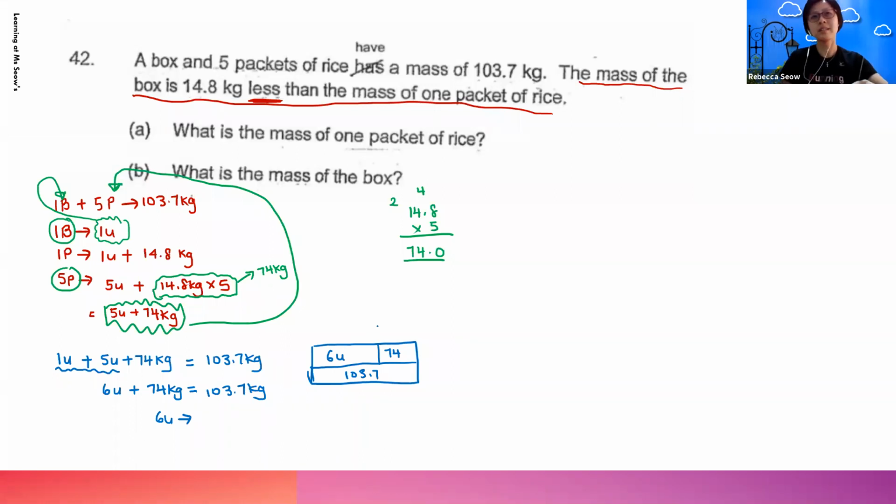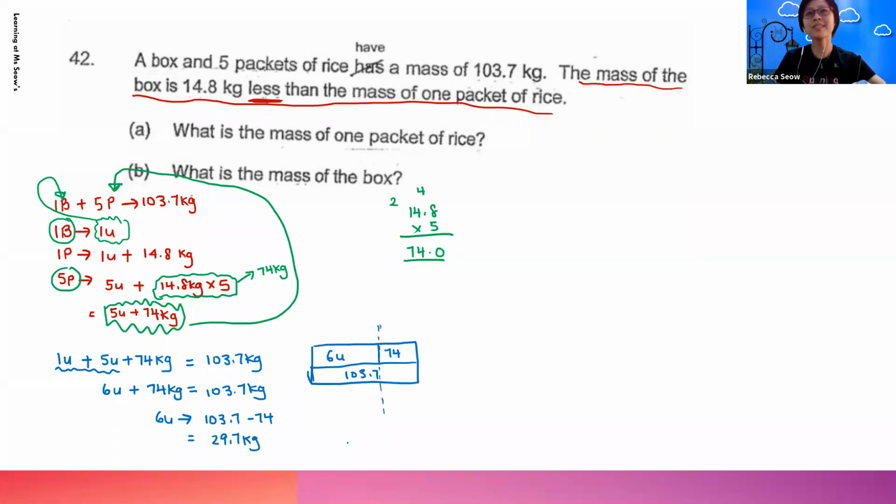So 6 units is actually equal to 103.7 kg minus 74 kg. And that will give you 29.7 kg.